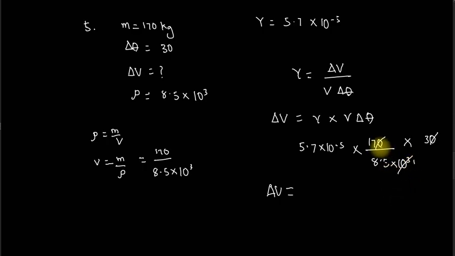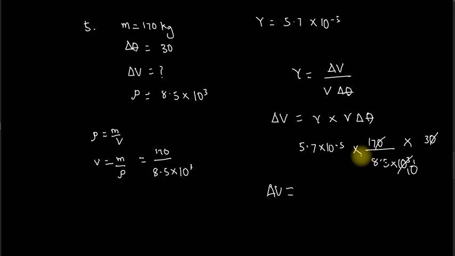So we're going to have 17 times 3 all over 8.5 times 10 raised to the power 1. So 8.5 times 10 is 85, obviously. 17 times 3 divided by 85, that's what we're finding. 17 times 3 is 51. 51 divided by 85 is 3 over 5.